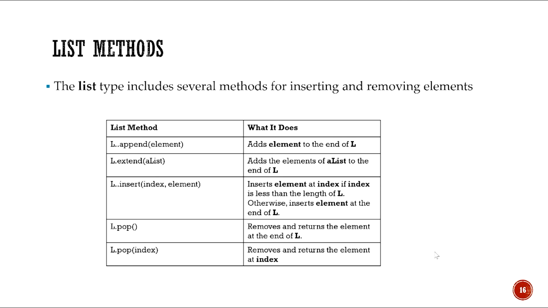L.extend adds the elements of a list to the end of L, so technically if we want to combine two lists, we can use extend. Also, L.insert. Insert element at index, at the position, if index is less than the length of L. Otherwise, insert element at the end of L.